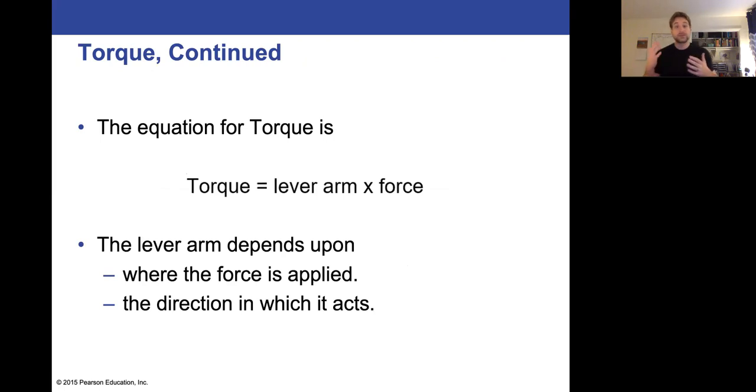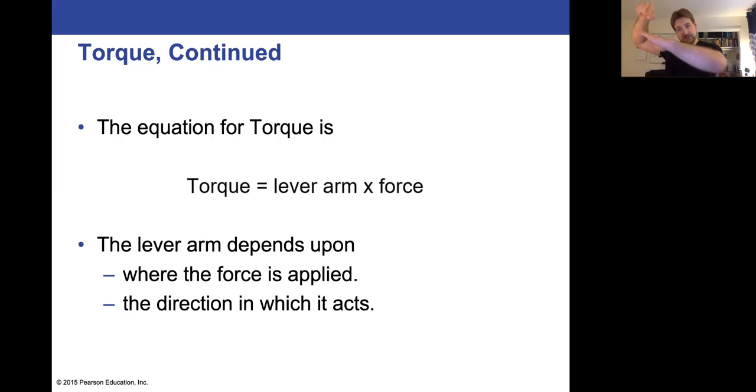If we want something to rotate, think about like a seesaw, right? We're going to apply a force here, which causes the seesaw to rotate. That's like the simple machine. That's like a lever. So what is the effective lever arm?